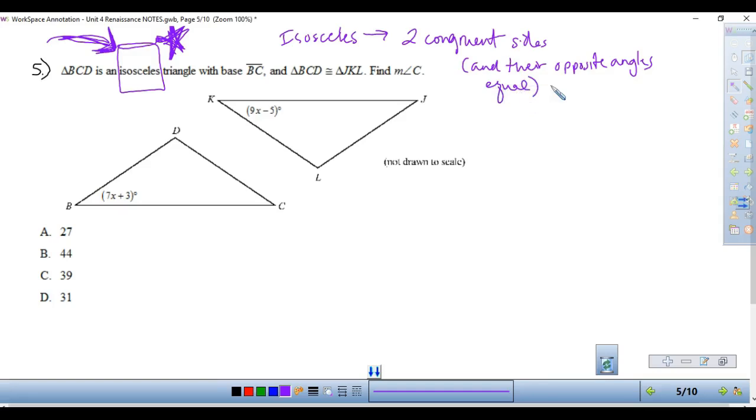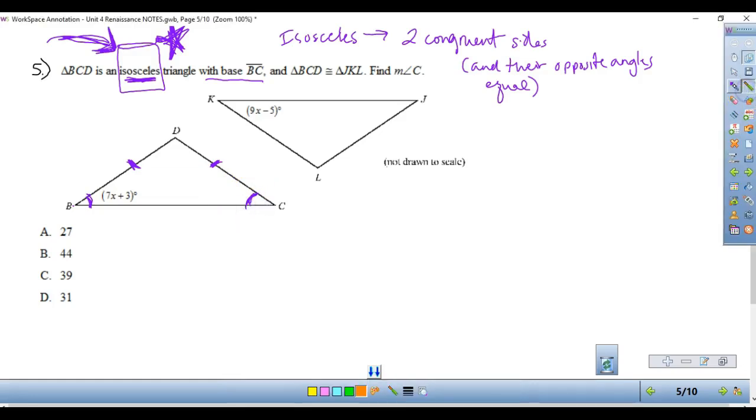So, if it says you have an isosceles triangle, you know that two sides are the same, and it has base BC. So here's the base, BC. That means that these two sides are the ones that are the same. So the ones that aren't the base are the same. And if those are the same, then their angles that are opposite them, like this one and this one, are also the same.